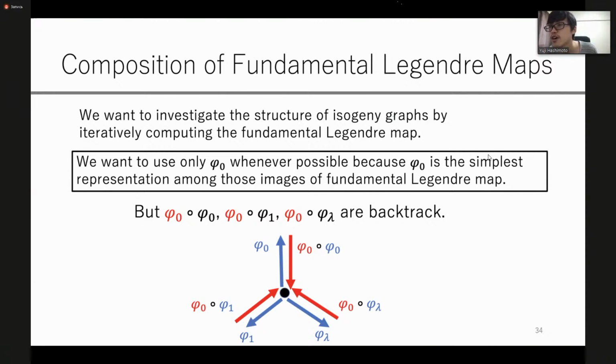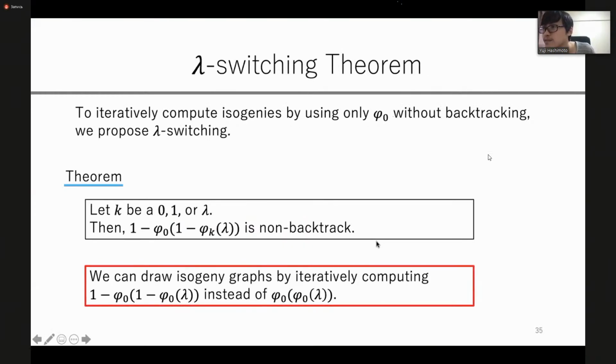But phi 0, phi 0, phi 0, phi 1, phi 0, phi lambda are backtrack. We propose a solution to this problem: to iteratively compute isogeny by using only phi 0 without backtracking.